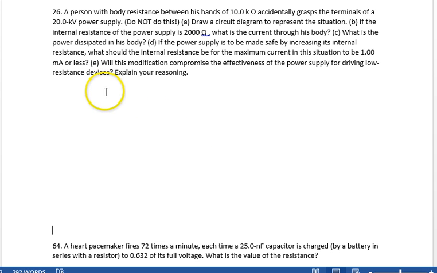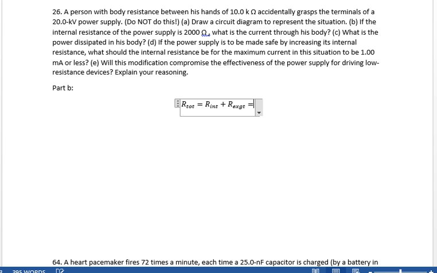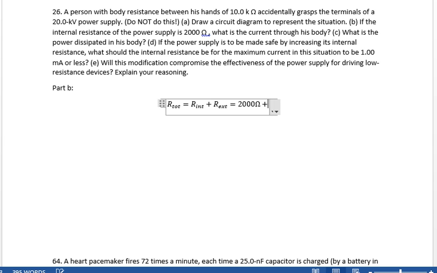That means our total, which is R internal plus R external, is going to be 2,000 ohms plus 10,000 ohms. A kiloohm is 1,000 ohms, so 10 kiloohms is 10,000 ohms, so 12,000 ohms.